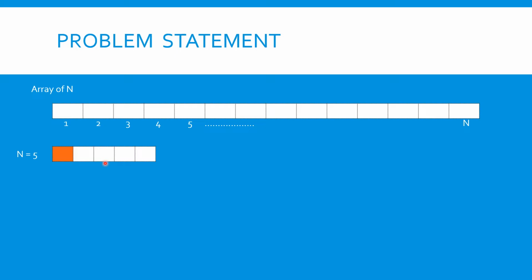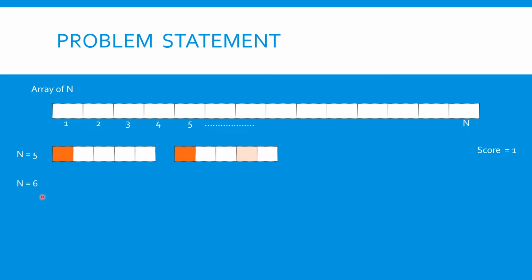To play optimally, John could color directly here, but to make it optimal, he will color this cell so that all cells become invalid, and the bot cannot color any other cells. Now we have to output the points scored by the bot. Right now the bot colored only one cell, so the output is equal to 1.